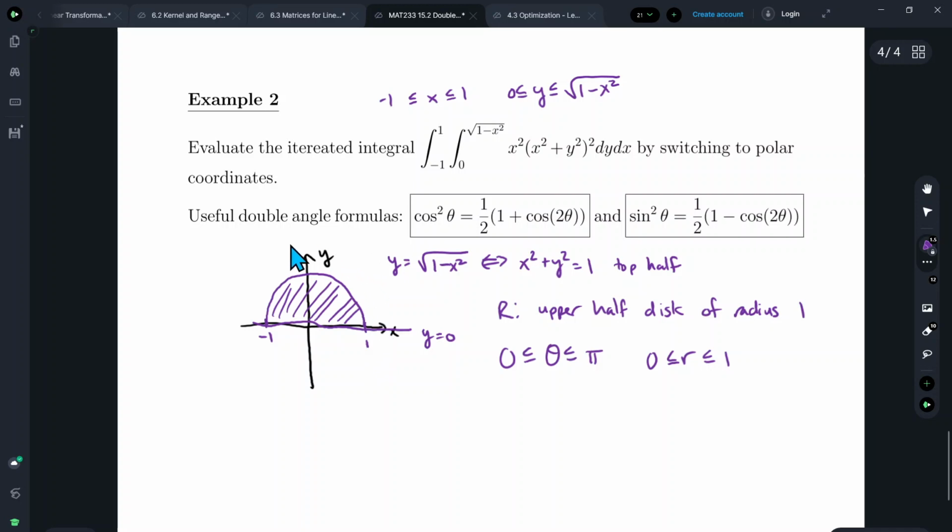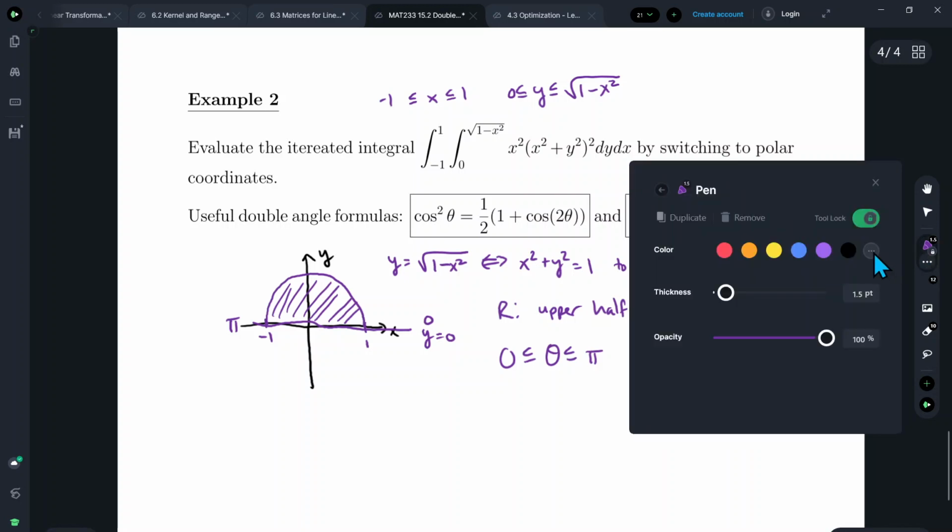So theta from 0 to pi goes like this, and then the radius starts from the origin and goes out to the circle of radius 1, so r goes between 0 and 1. Okay, so that's going to be our polar region.